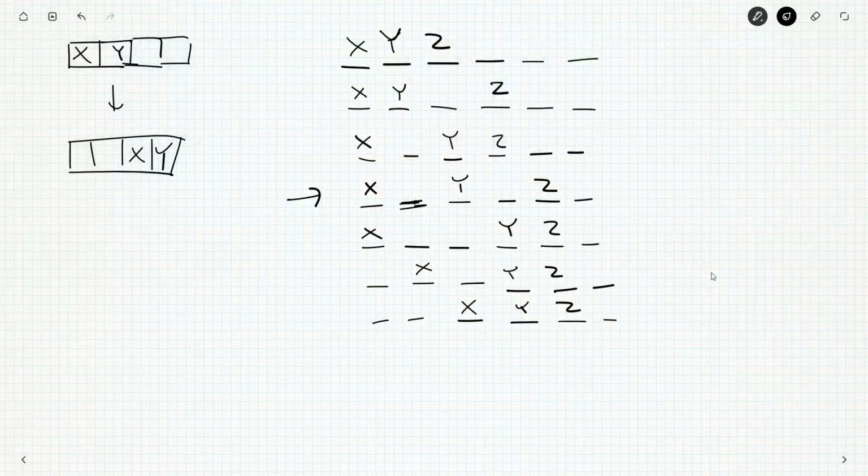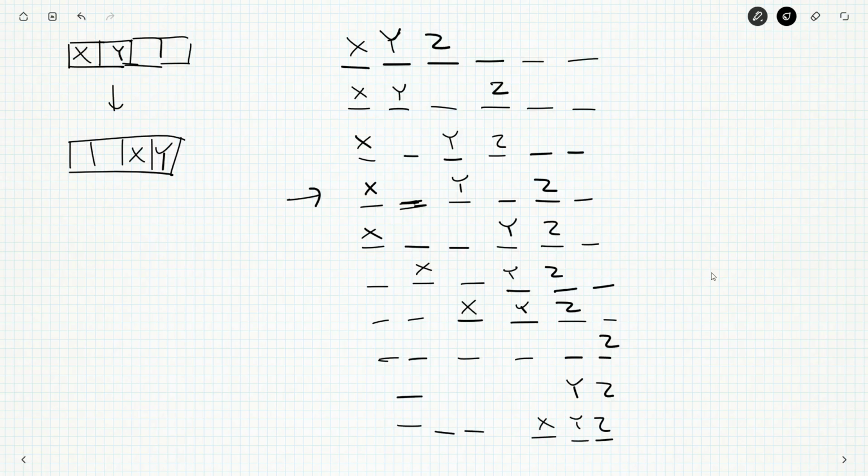And then I guess we're sort of stuck here. It's got to be Z, and then Y, and then finally X moves into position. Okay, so that took 1, 2, 3, 4, 5, 6, 7, 8, 9 moves.